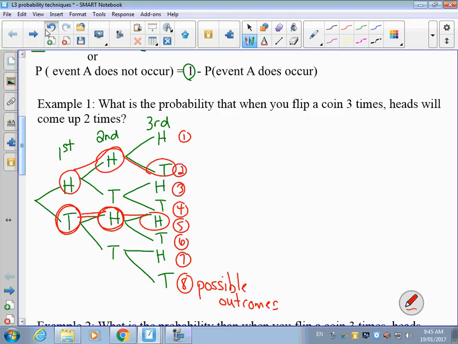Oh, I'm wrong. Let's erase that. I circled the wrong ones. Heads, tails, heads. There we go. And I think that's the only other path I can follow to get 2 heads when I flip the coin 3 times. So I have 3 possible pathways or events out of 8 total outcomes. So there's 3 ways that the probability of getting 2 heads will happen. 3 ways out of 8.